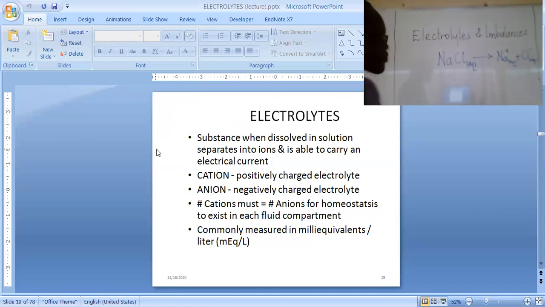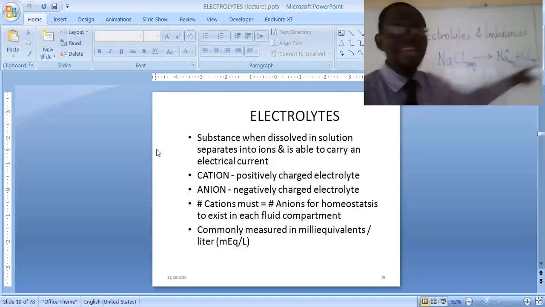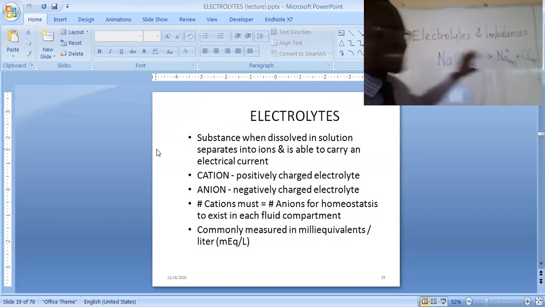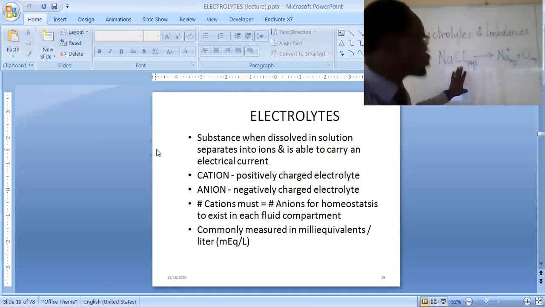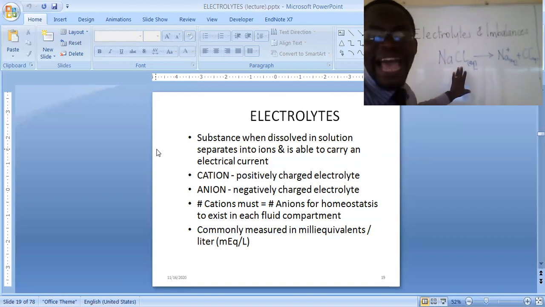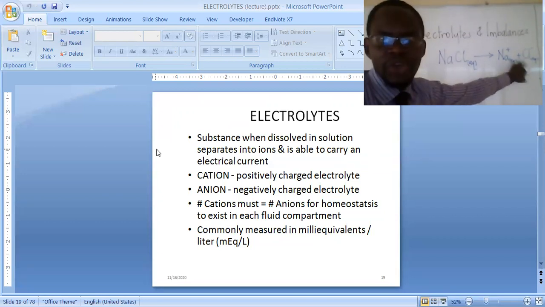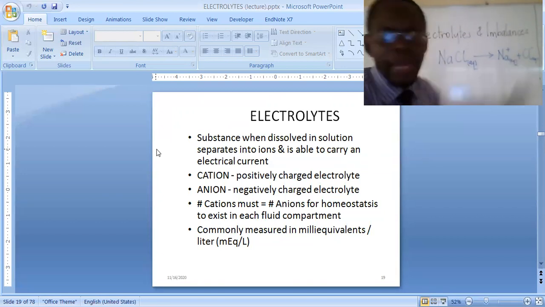So these are what we refer to as the ions. In other words, when a salt is dissolved in solution, it forms ions, sodium and chloride.